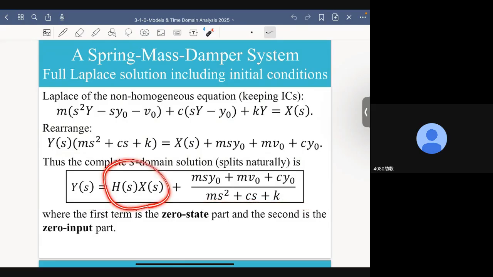Apparently, this part is related to input, and this part is related to initial conditions. Therefore, by definition, this part of y is called the zero state response of the spring mass damper system. Similarly, this part of the response of y is referred to as the zero input response. The focus for the time being is on this part, the zero input response.